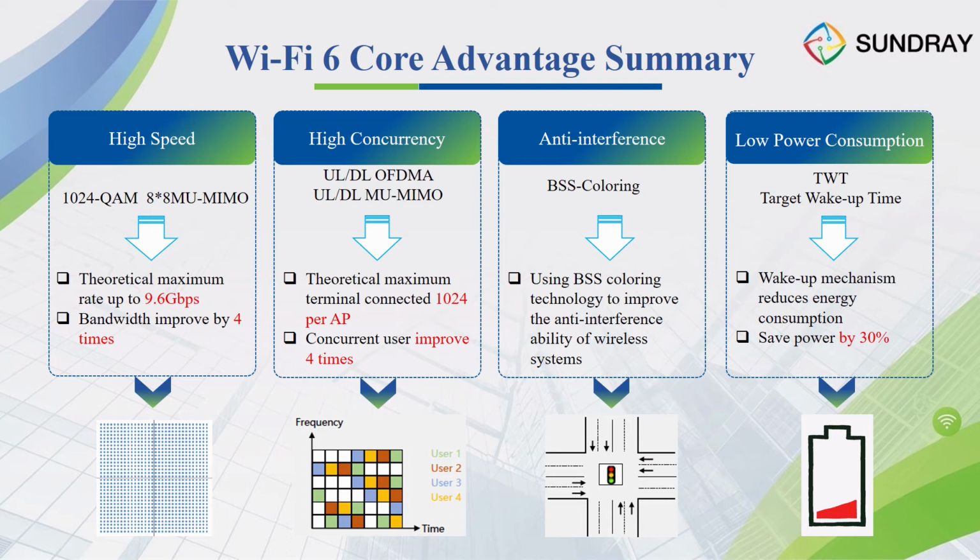We use the technology Target Wake Time. With this, we can wake up the Wi-Fi clients only when they need to transmit data. So we can save energy. According to statistics, the power can be saved by 30%.